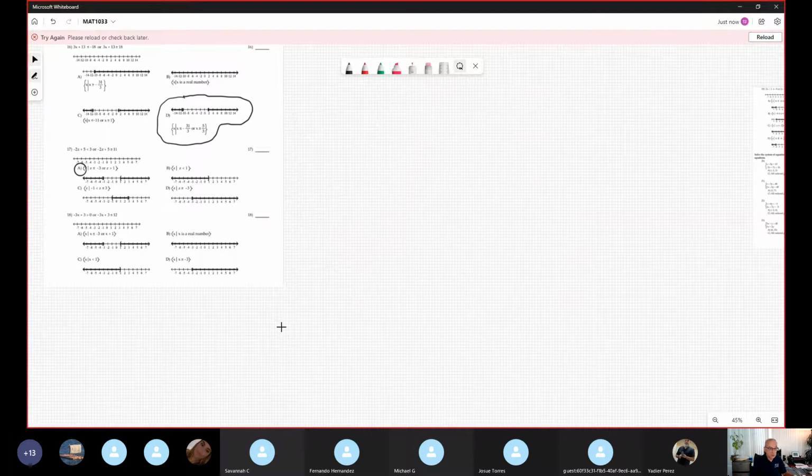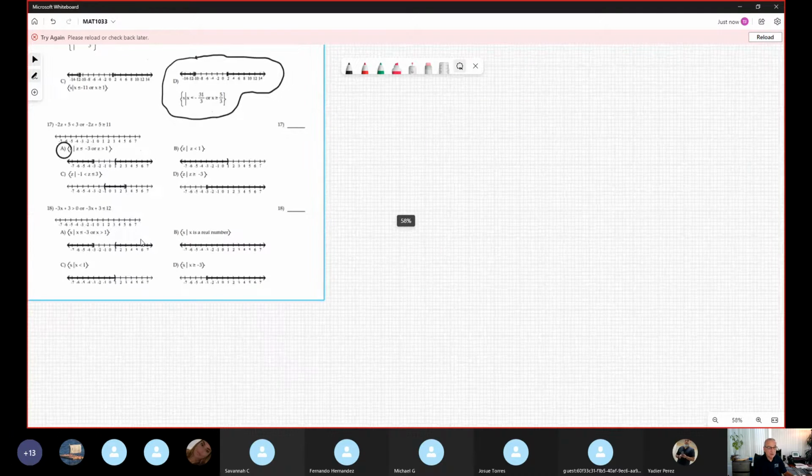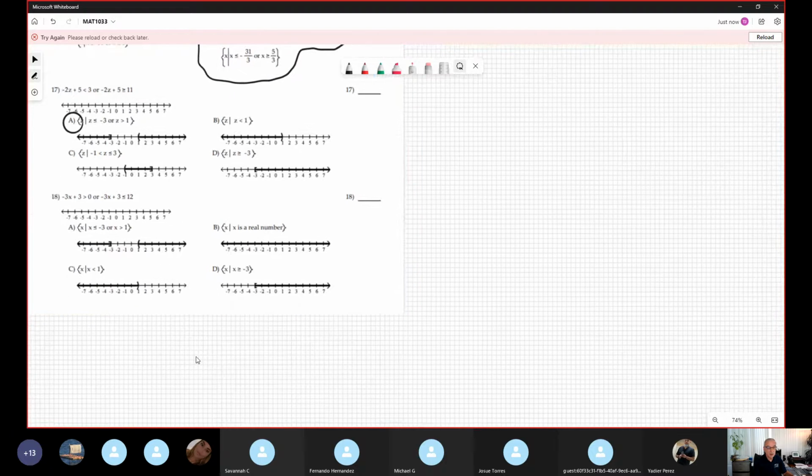Okay, Claudia. So 18 is similar. It's a compound inequality again. Minus 3x plus 3 greater than 0 or, again, remember, or and, minus 3x plus 3 less than or equal to 12. Okay.